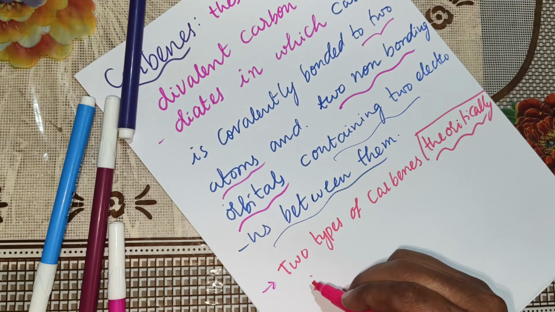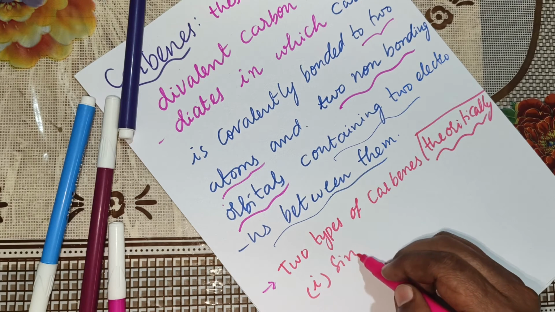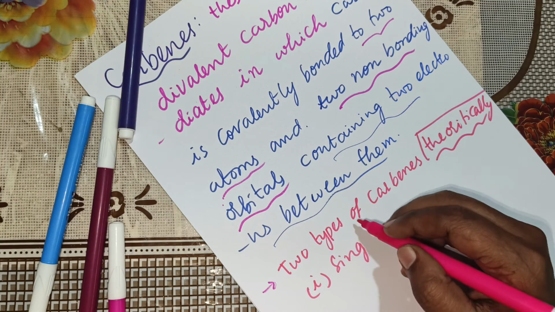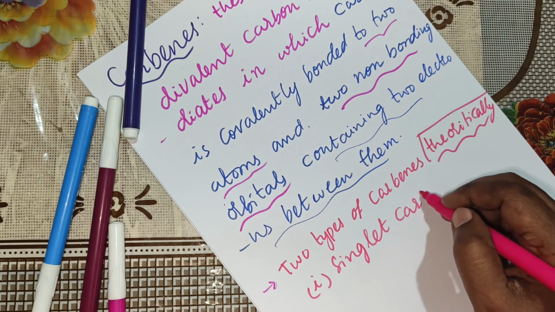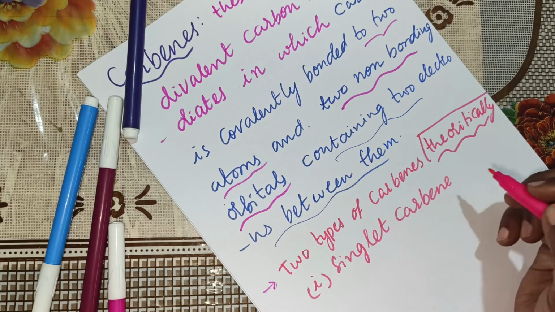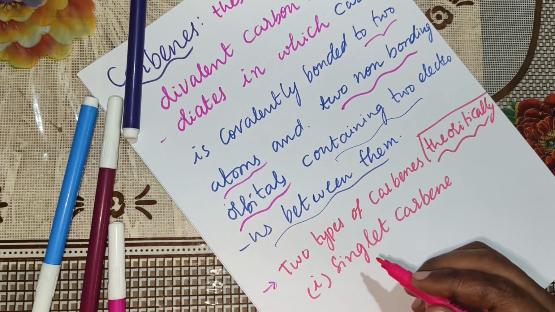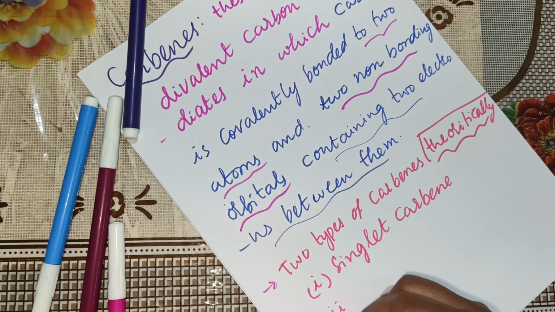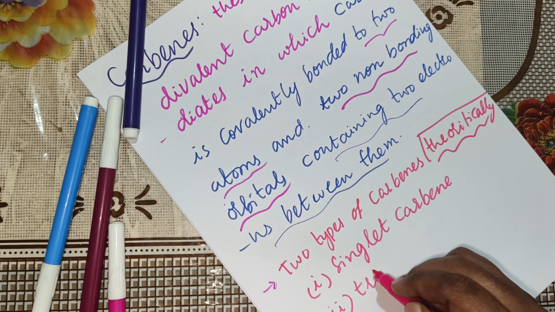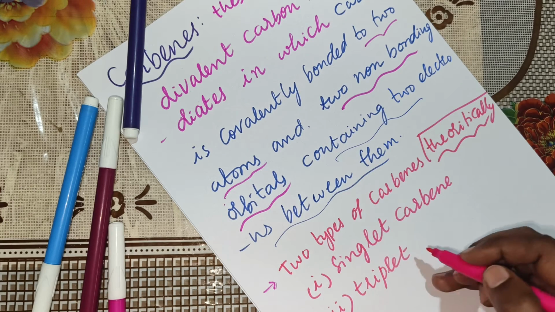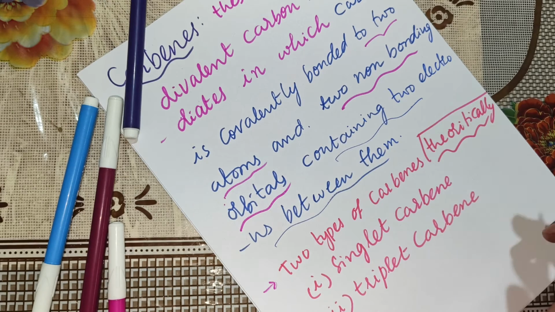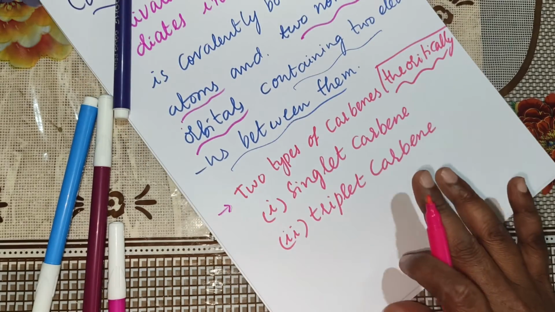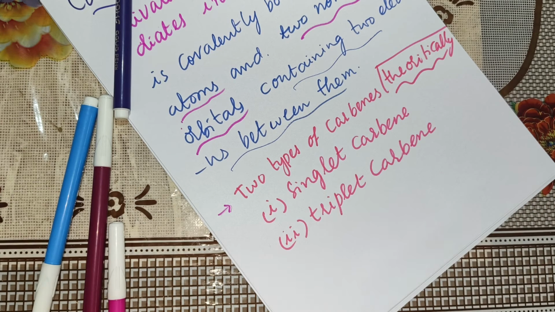The first one is singlet carbene, and the second type is triplet carbene. Two types of carbenes are there. Keep that in mind.